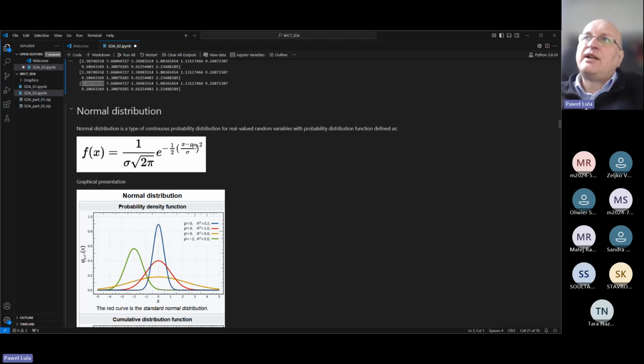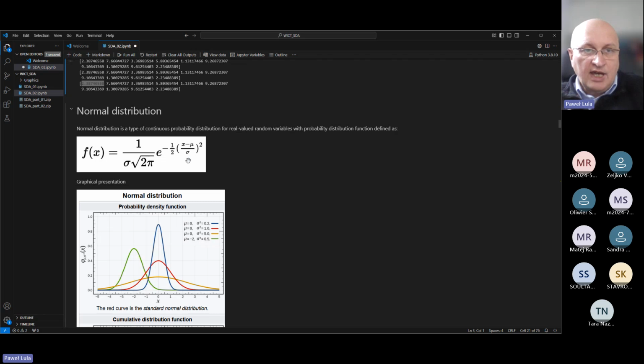And the second parameter is the sigma parameter. It is the standard deviation, which informs us about the average distance of every value in our data set from the mean value.